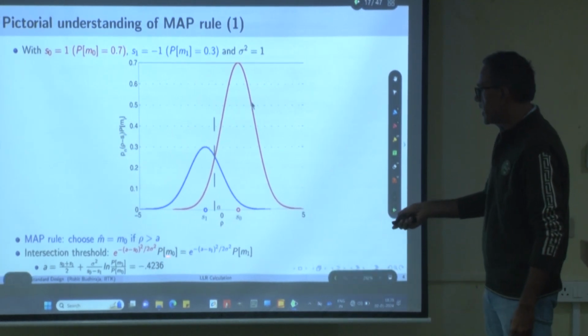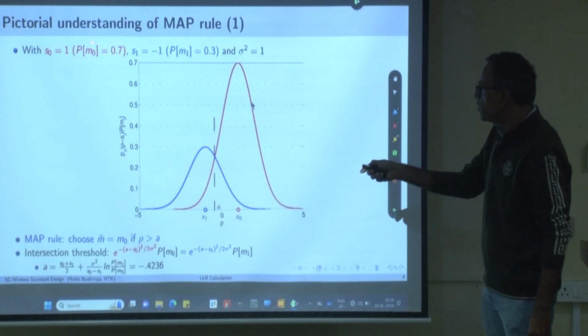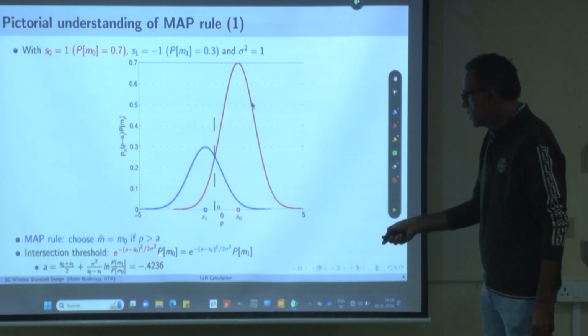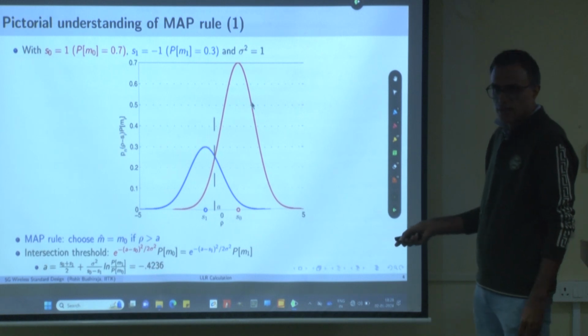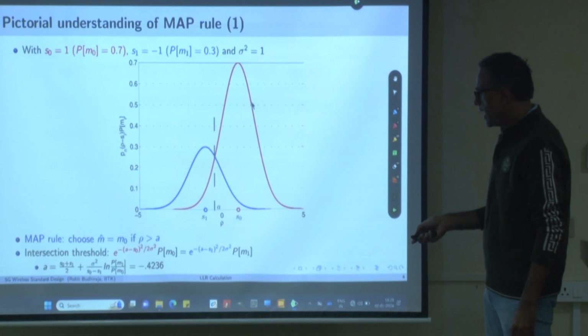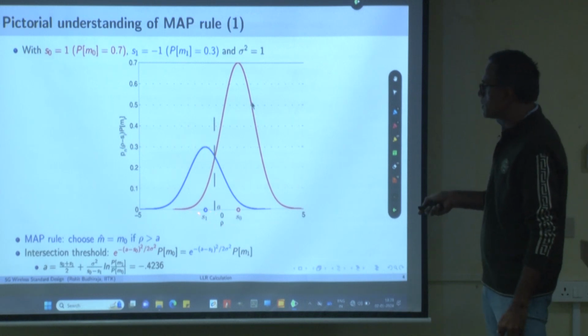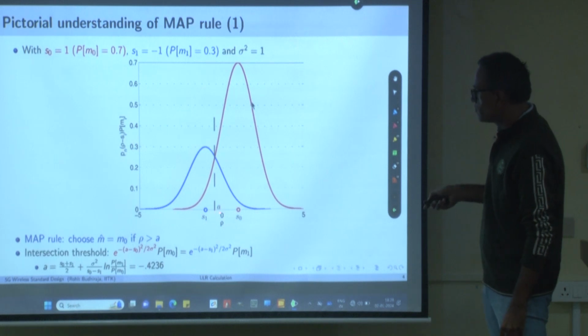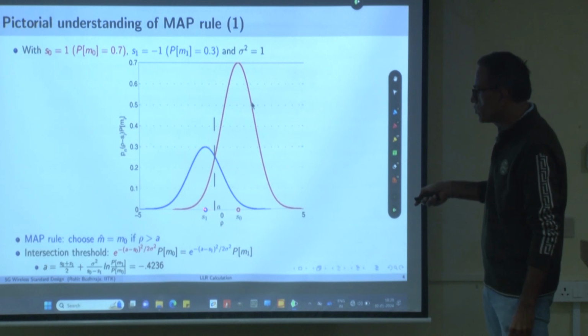In this case, with P of M1 and P of M0 as we have taken in this slide, the threshold comes out to be 0.4236. And you see the threshold is moving away from S0; it has become minus 0.4236.